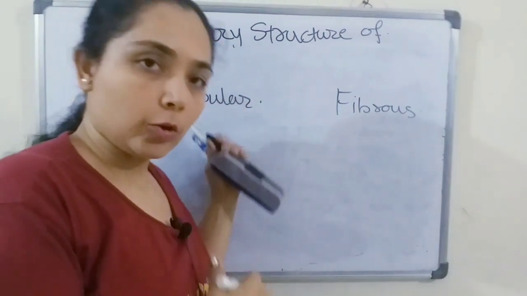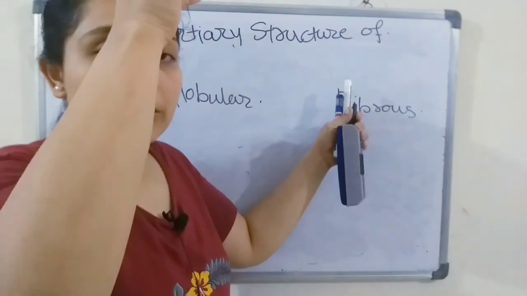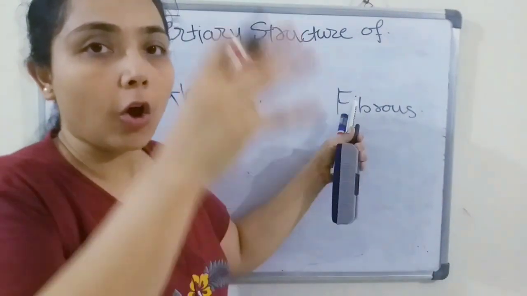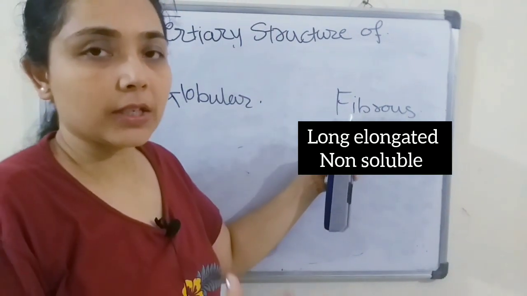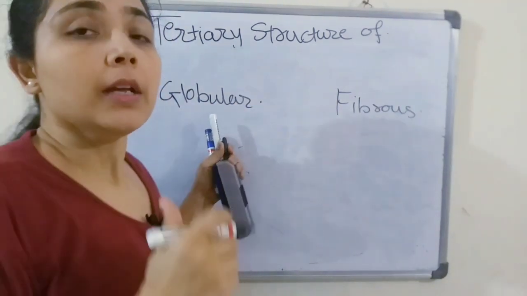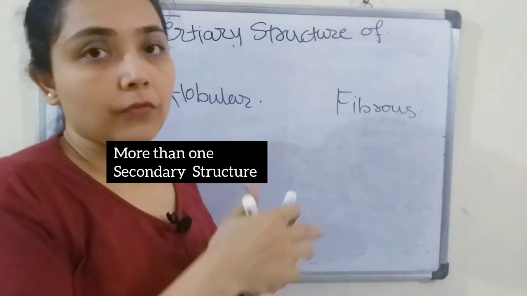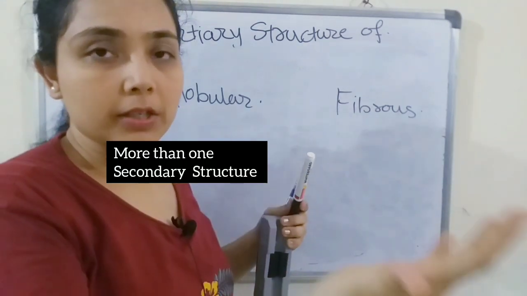Two types: globular proteins and fibrous proteins. Fibrous proteins are those where the polypeptide chains are long strands or elongated structures, and these are insoluble.